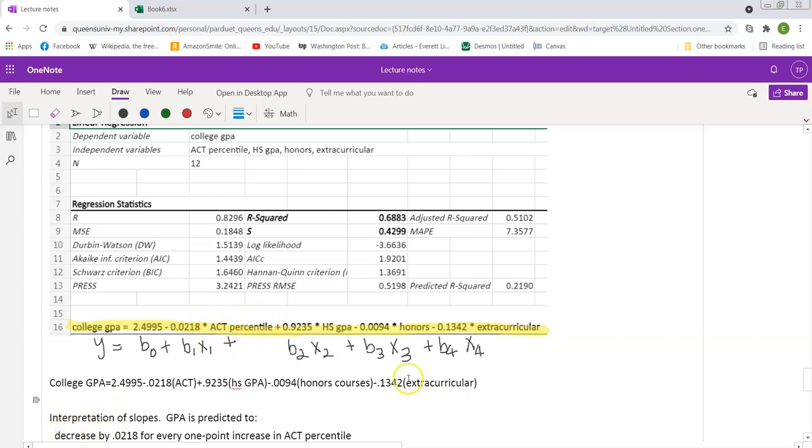So for this first one, our slope is negative 0.0218, which means that GPA would be predicted to decrease by 0.0218, on that 4-point scale, for every 1-point increase in ACT percentile. Which is actually kind of the opposite of what we would expect. We would expect that increases in ACT percentile would cause increases in college GPA.